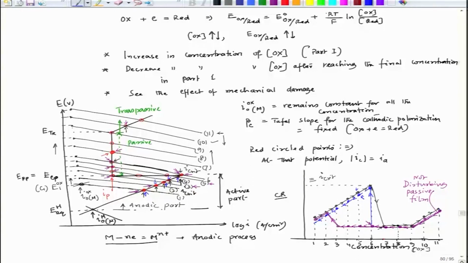Now, instead of 6, if I scratch it after reaching C5, then the movement would be this way. It will follow this and this and this. And after reaching C4, if we scratch it again, till C4 there will be nothing, there will be maintenance of passivity, but at C4 concentration I am scratching it, the movement would be this way.